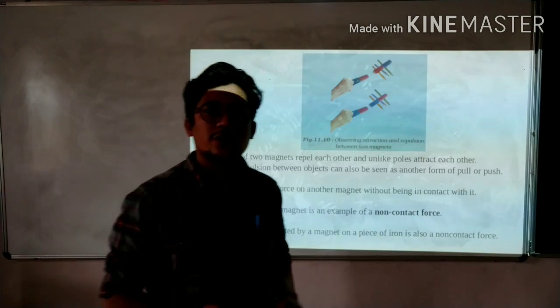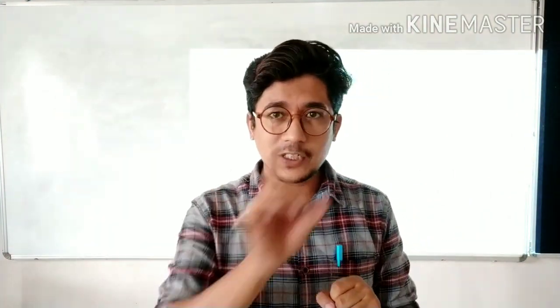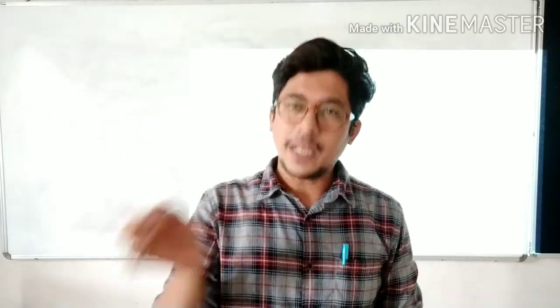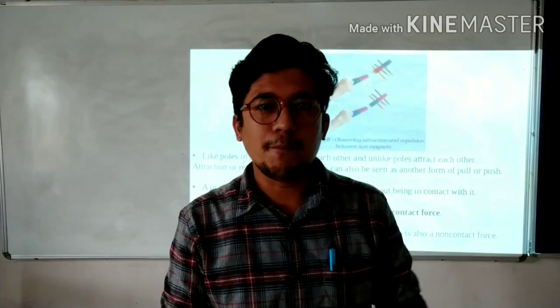Yes or no? So whenever there is a pull force, there is no physical contact between the two magnets. So it is a non-contact type of pulling force. In the same way, if both magnets are repelling each other, then such a force can be considered a non-contact type of push force.